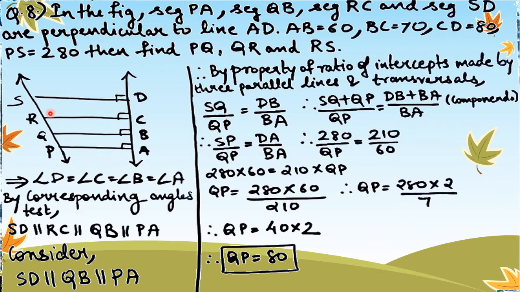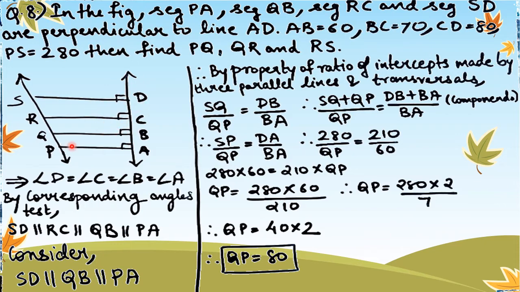Now if these segments are perpendicular to a line, that means these lines are parallel to each other. Since all these lines are forming the same angle with a common line, these lines are parallel to each other.